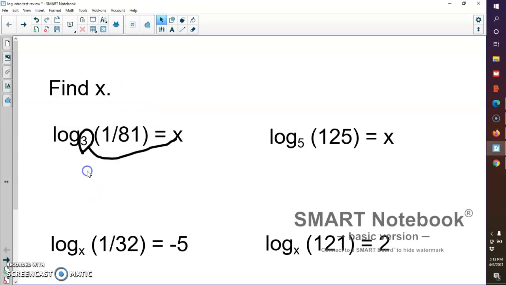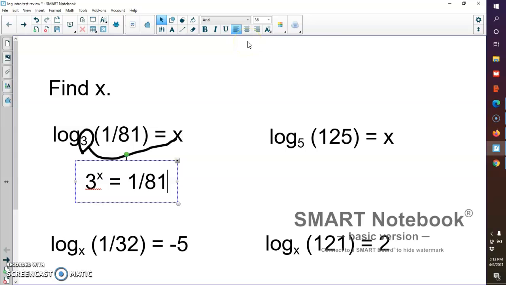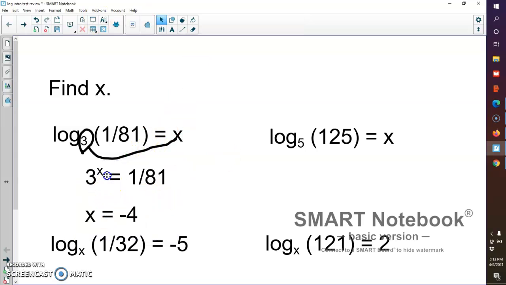Well, it means 3 raised to the x power is equal to 1 over 81. And we need to know, therefore, x equals negative 4, because 3 to the negative 4th is 1 over 3 to the 4th, and 1 over 3 to the 4th is 1 over 81.